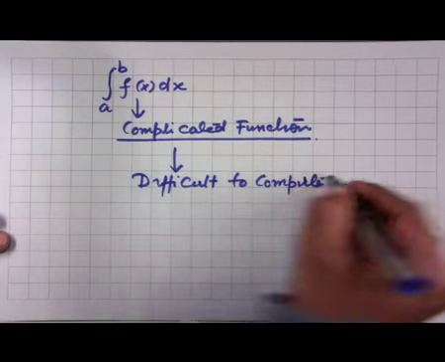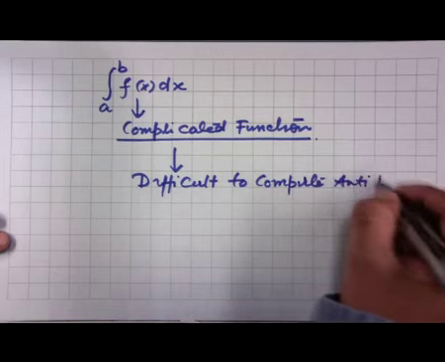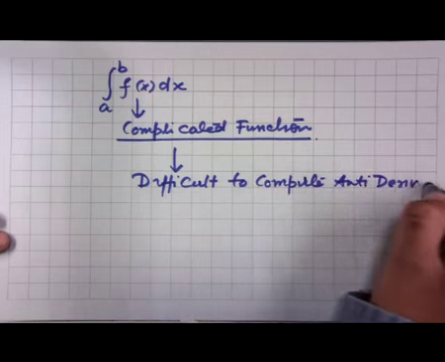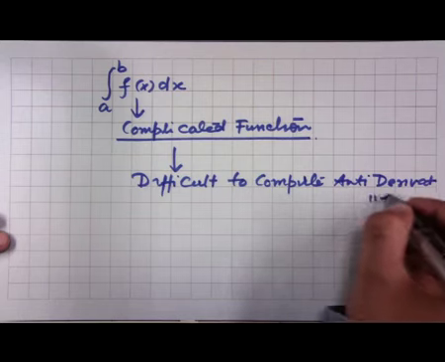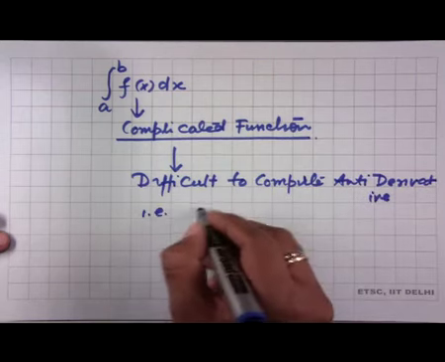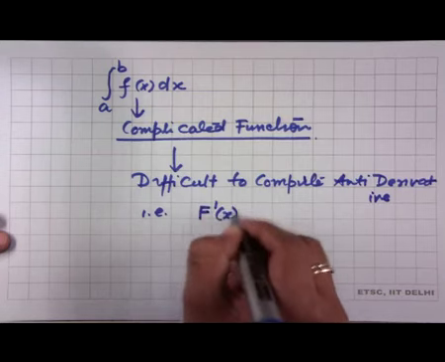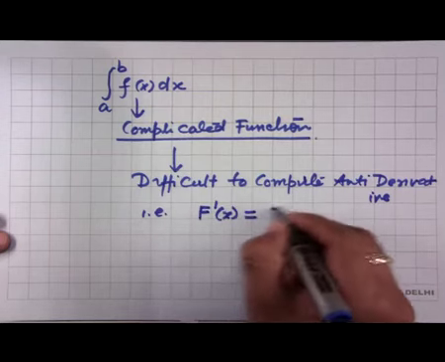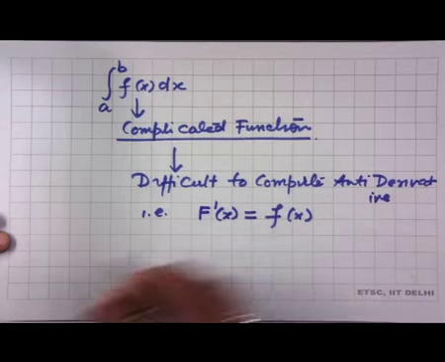Compute the antiderivative: I find F'(x) such that this is equal to small f(x).